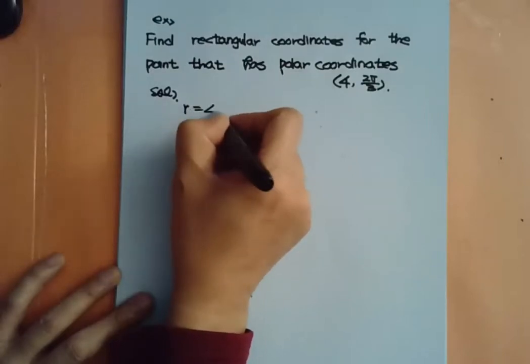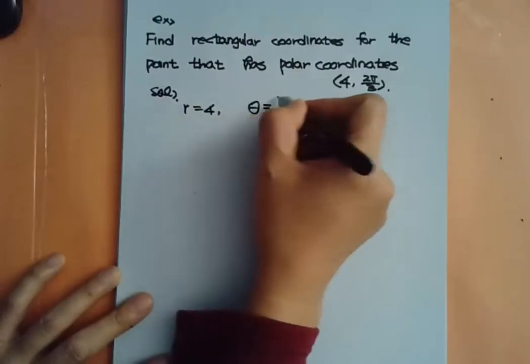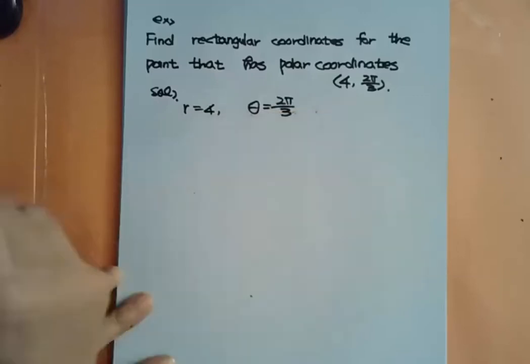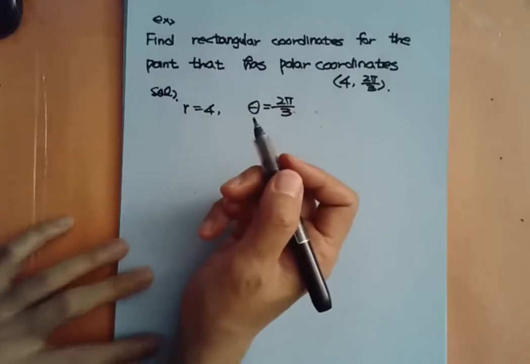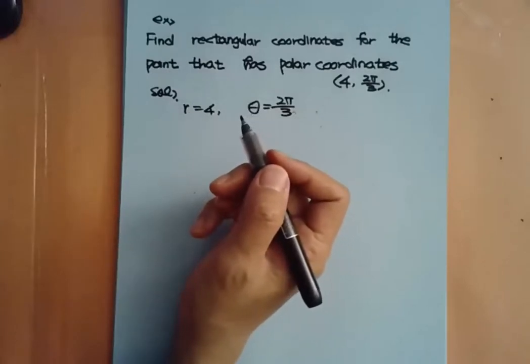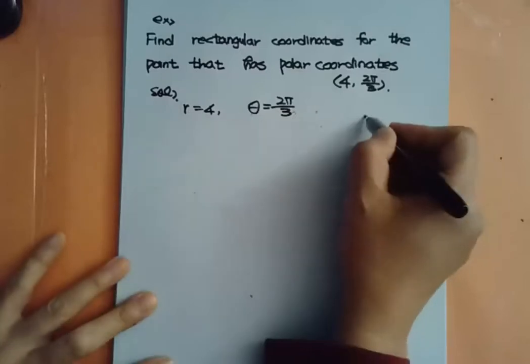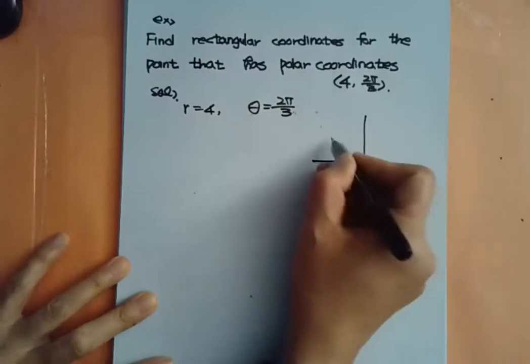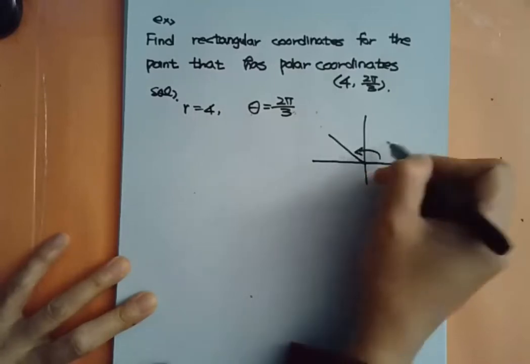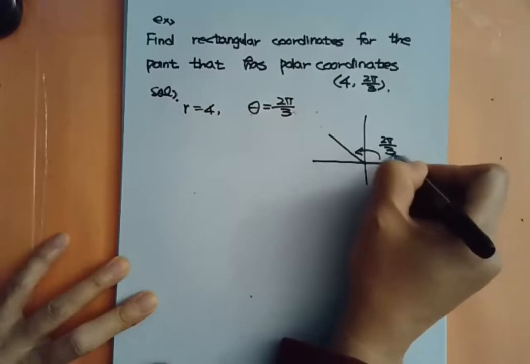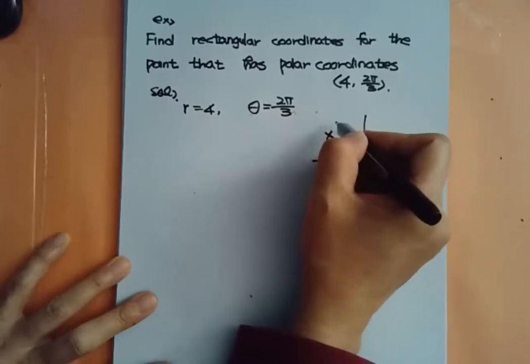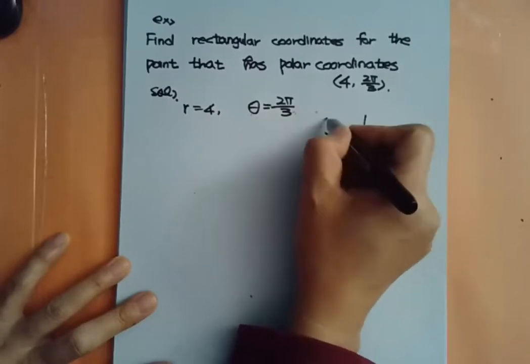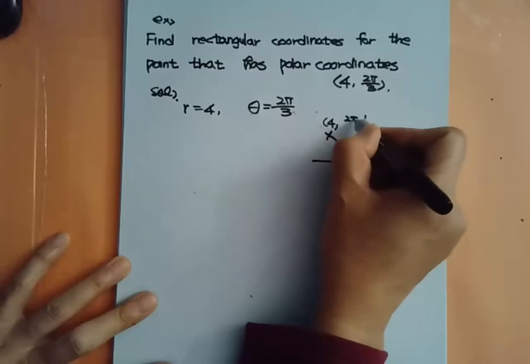So r equals 4 and theta equals 2 pi over 3. So when we plot the point, 2 pi over 3 is obviously located in the second quadrant. The distance is 4. So this is 4, 2 pi over 3.